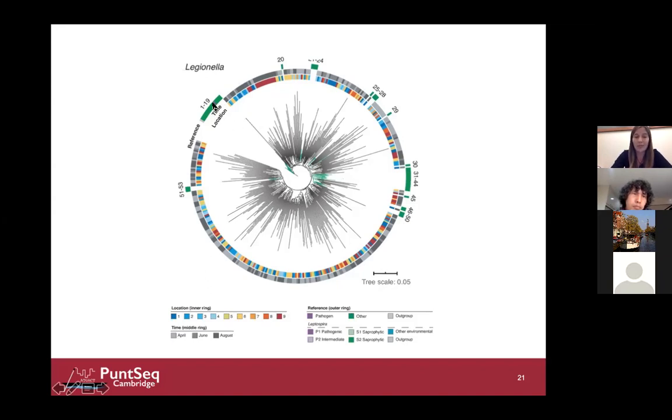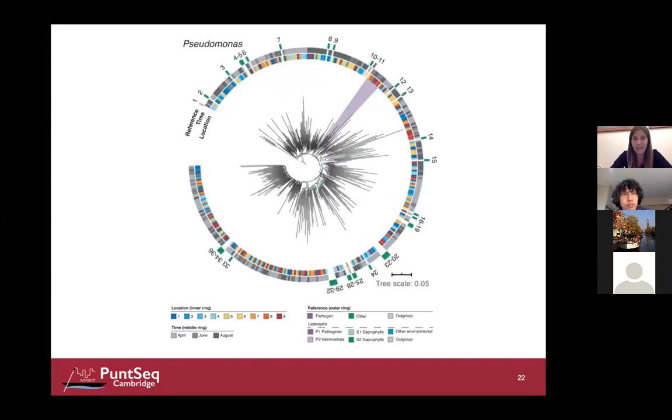Nothing is clustering together with these pathogenic reads that lie in here. This probably suggests that all the Legionella reads that we find are just saprophytic and not pathogenic, and this will probably not lead to any danger while swimming in the river.